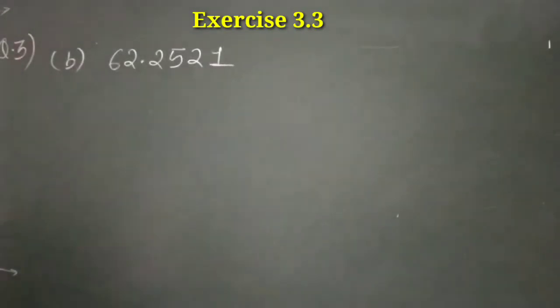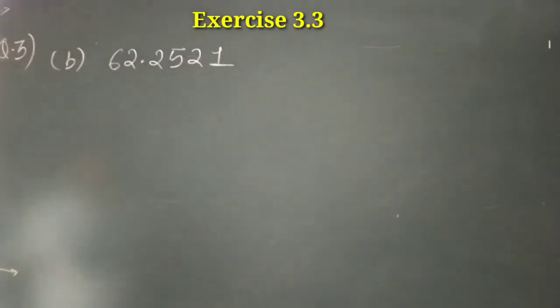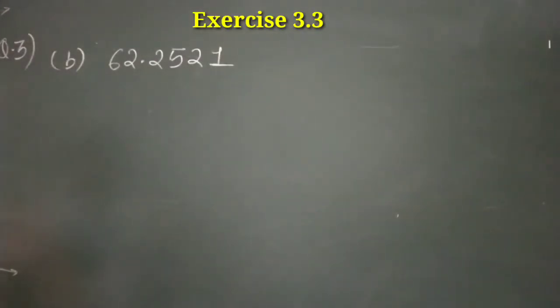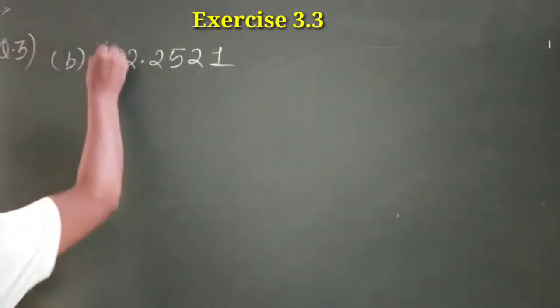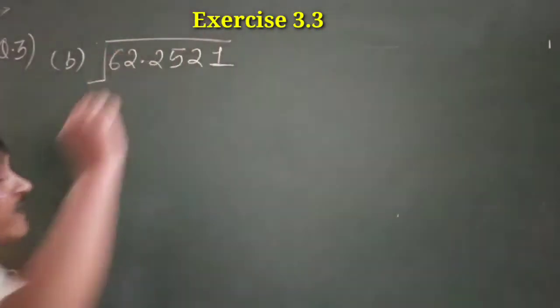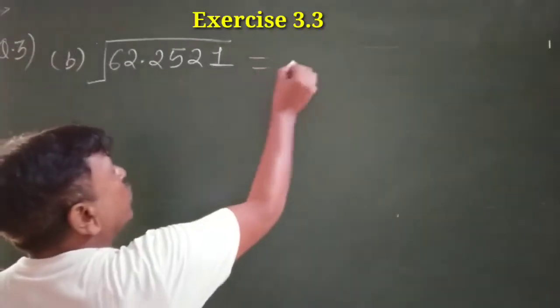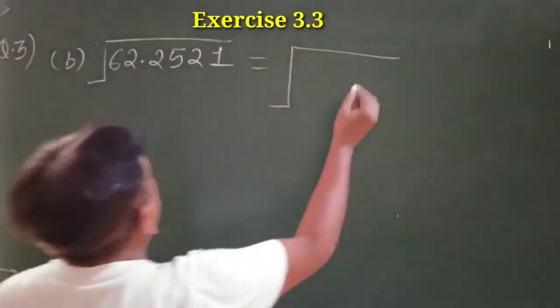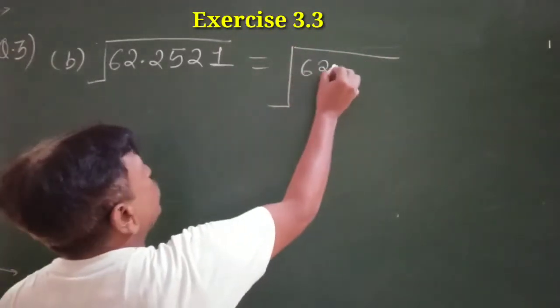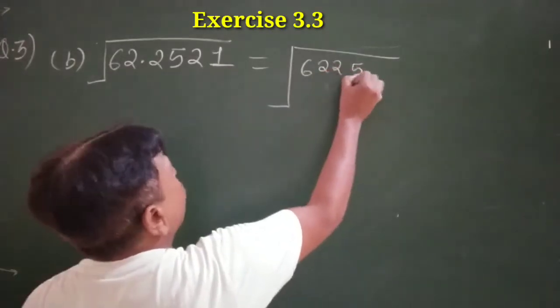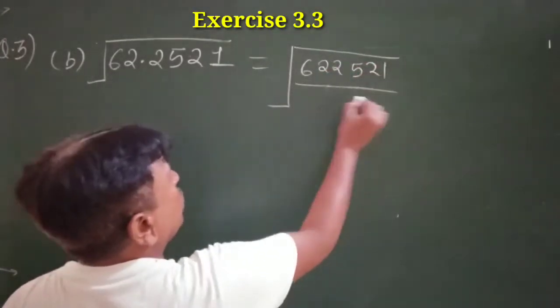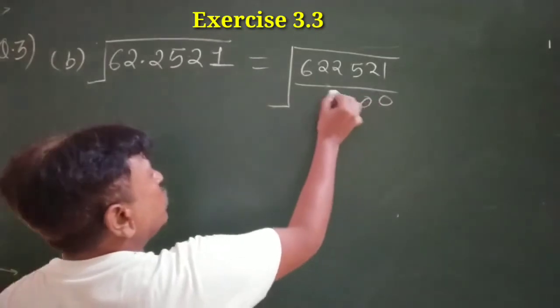Okay students, now see one more, part B. We have to find the square root of 62.2521, okay? So we will do it in the same way as we did part A. So see it in a very proper way. First of all, remove all the decimals. So what will we get? 622521 upon 10000.